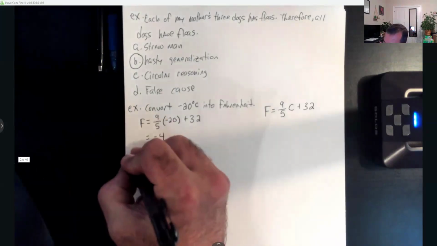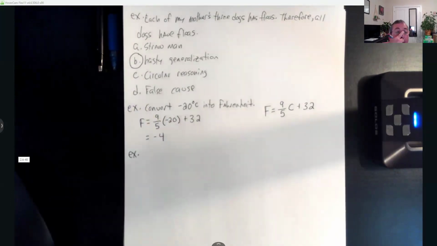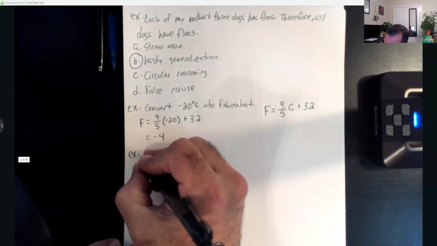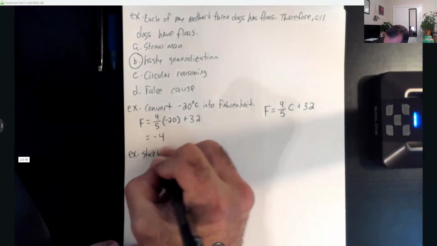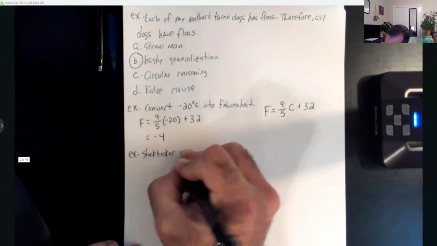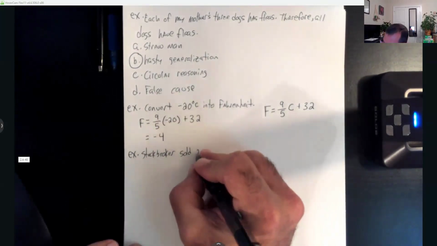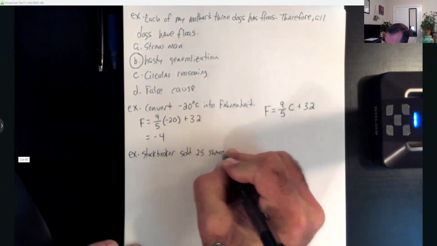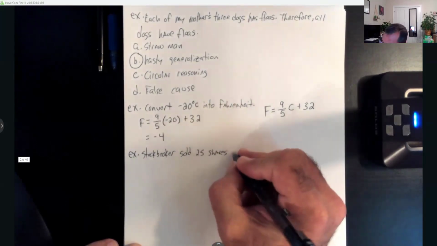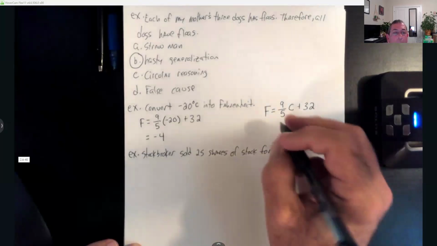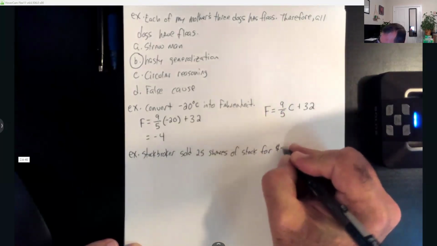Oh, y'all, let me write this one down. All right, they want me to round this one to 2 decimal places like money. So a stockbroker sold 25 shares of stock for 26.57 each.